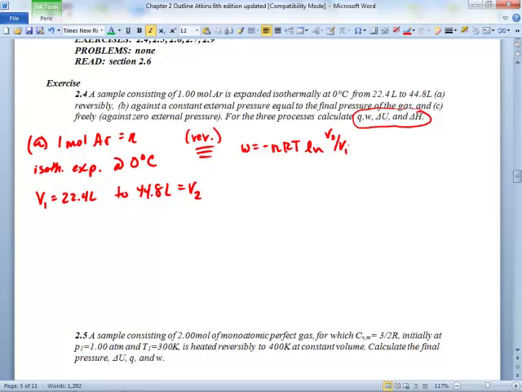The little n's going to be 1. What R are you going to pick? If you pick the 0.0821, what units would your work be in? I don't think it's going to be calories even.